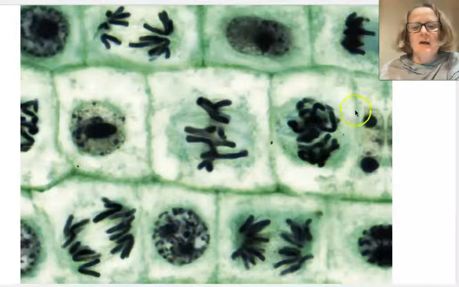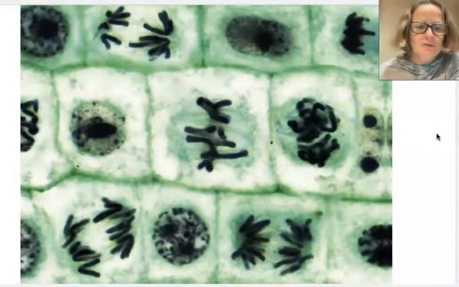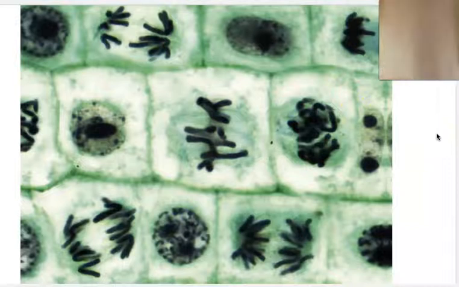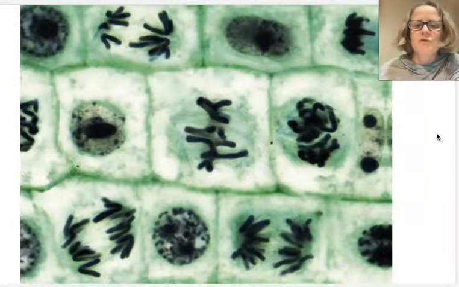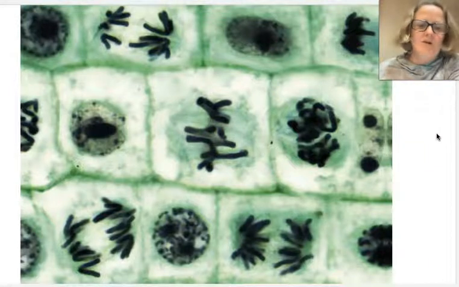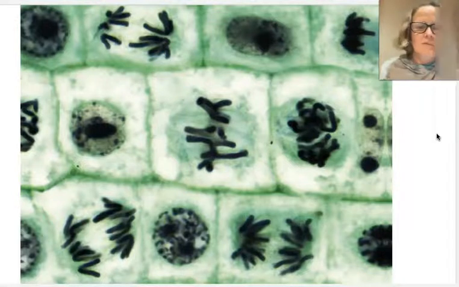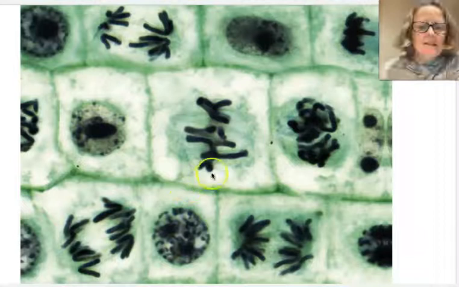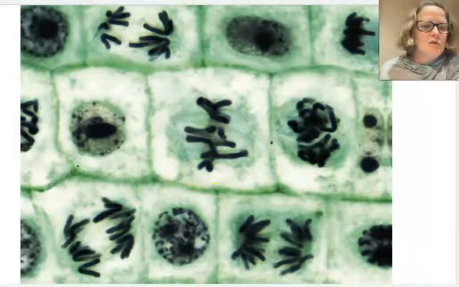So let's have a look at some cells under the microscope. So these are some images from an onion taken at the root tip. The root tip of an onion is a very quickly dividing area, and you'll notice that all the nuclei look a bit different. So we can actually see visibly here some chromosomes.